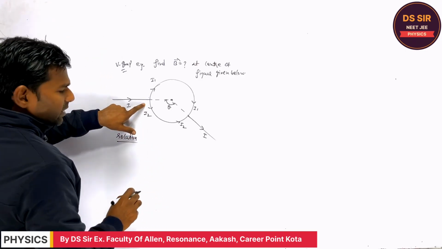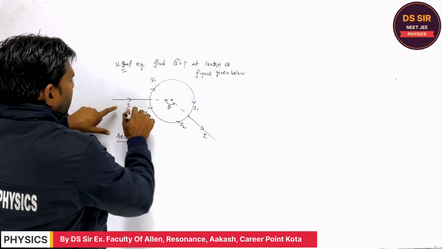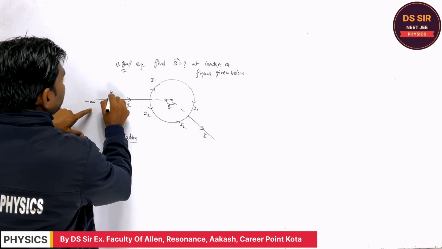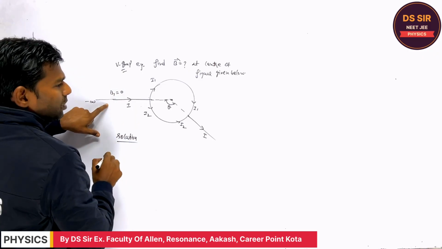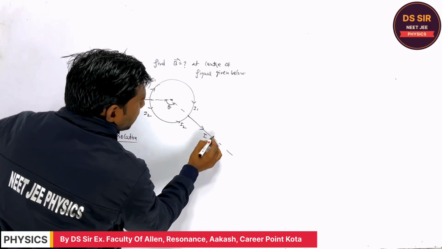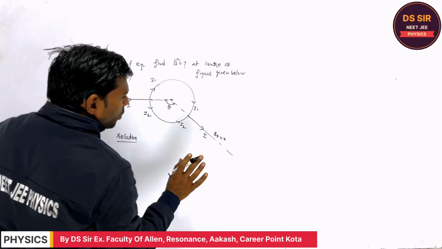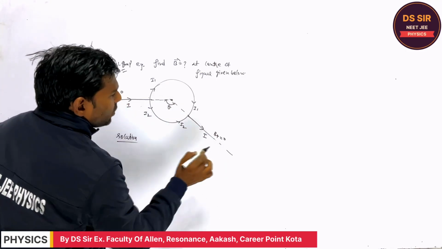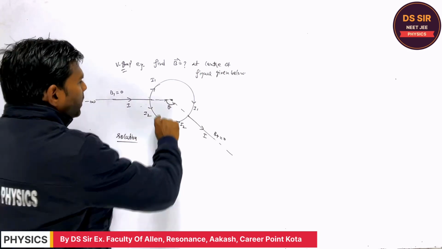Listen, if this is I, because of this infinite part, the magnetic field due to this part will be 0 or not? And this is the infinite part, B4 will be 0 or not? Because this point lies on the line of the wire, right?